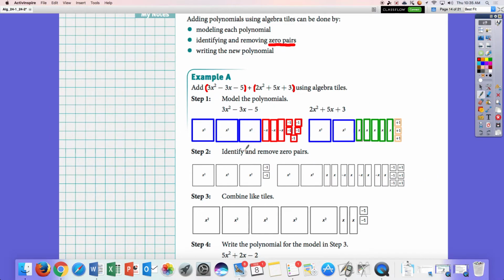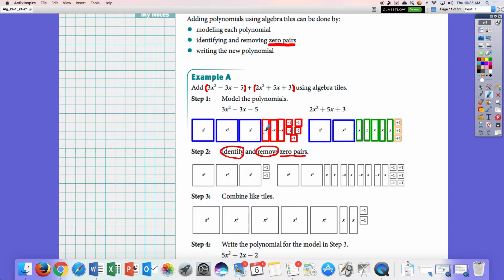Now, step 2 says identify and remove 0 pairs. Now, 0 pairs, as you can see, have been moved to the very end. A 0 pair simply means that we can remove x squared minus x squared and an x minus x.